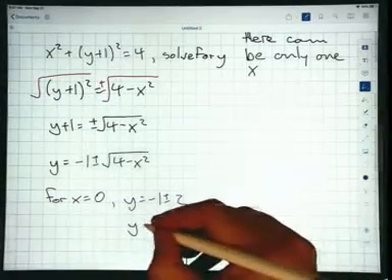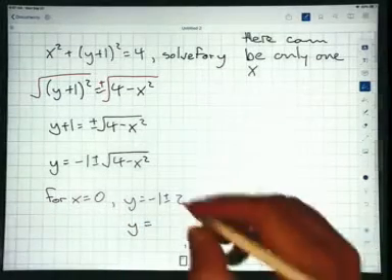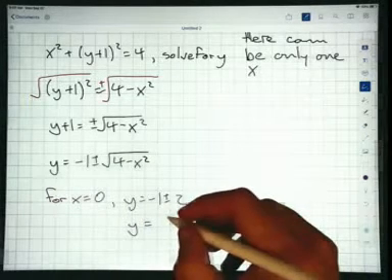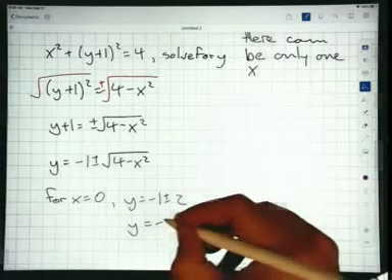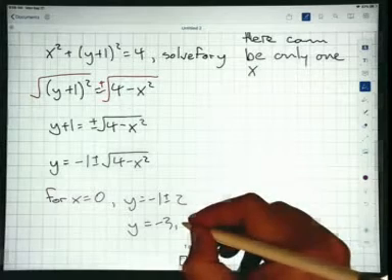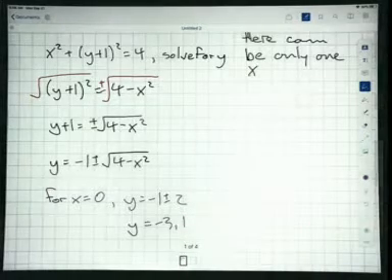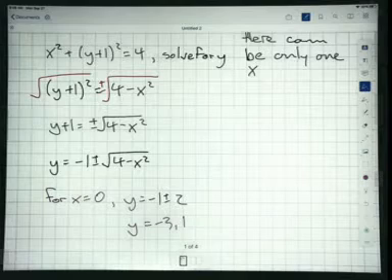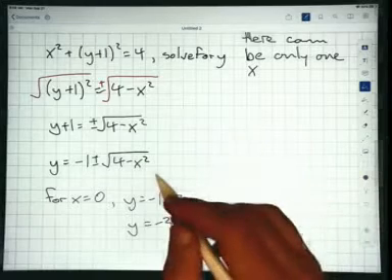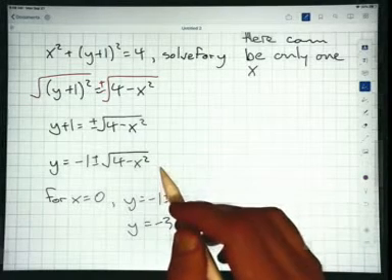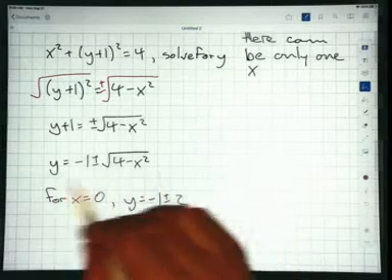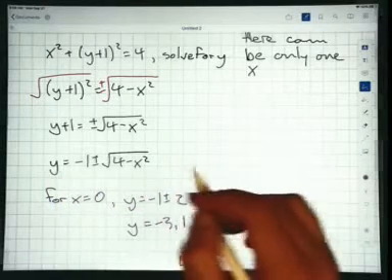Which means that y is equal to negative 3 and positive 1. So what ends up happening here is that for this value of x, you're getting multiple values of y out.